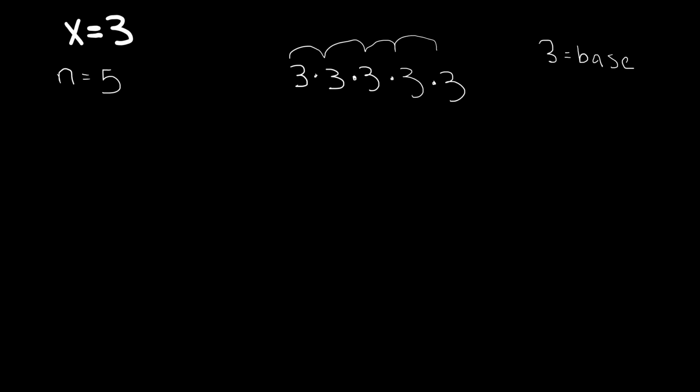Now look at that. We don't want to write all of those 3 times 3 times 3 times 3. We don't want to do that, right? Well, guess what? We don't have to. Since we are multiplying 3 five times, we can write it like this.